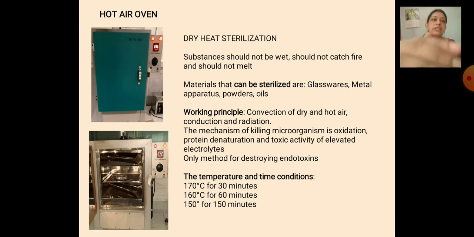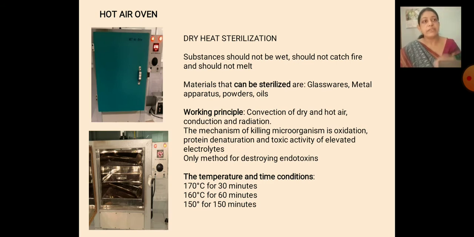If the temperature is rising inside the chamber, due to direct contact with the racks and the metal present there, there will be a rise in the temperature of the apparatus also. In the case of radiation, the waves, like the microwave oven in our households, cause heating of the substance.